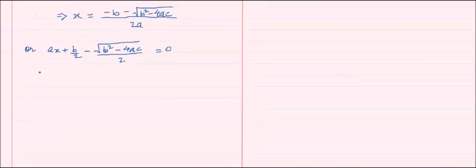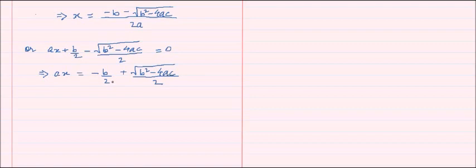So we keep this term containing x on the left hand side of the equal to sign, and we take the two constant terms to the right hand side. So plus b by 2 becomes minus b by 2, and minus under root b square minus 4ac by 2 becomes a plus under root b square minus 4ac by 2. Next we bring this a to the right hand side, so it comes as the denominator.